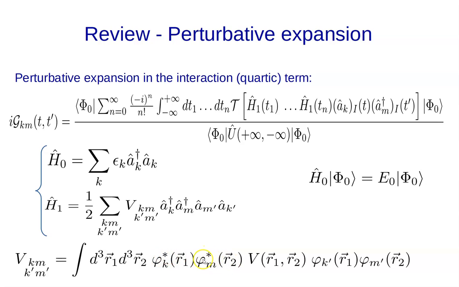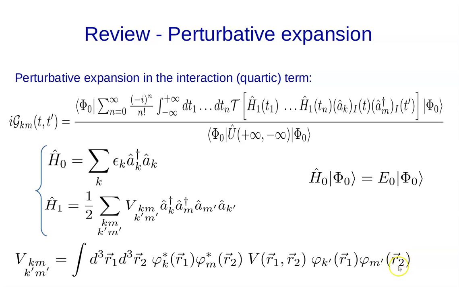These two are the complex conjugate of the orbitals. The potential V(R12), and this is phi K prime at R1, and this is the orbital at state M prime at R2.